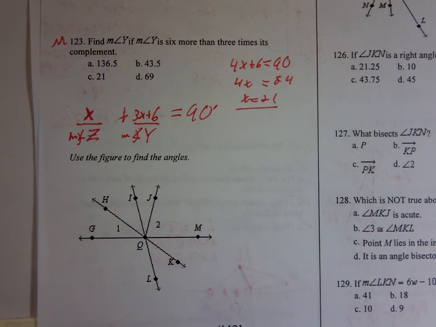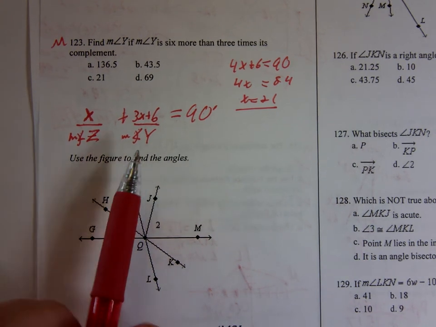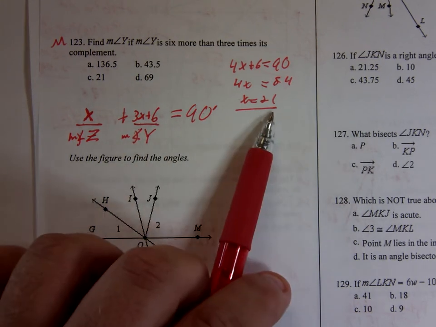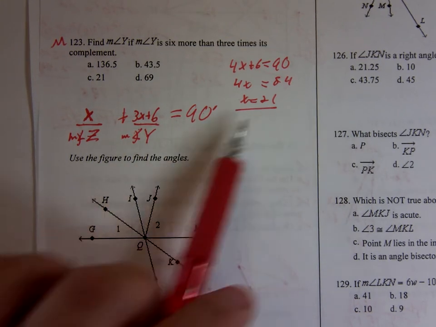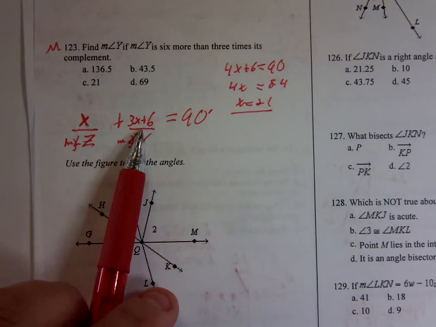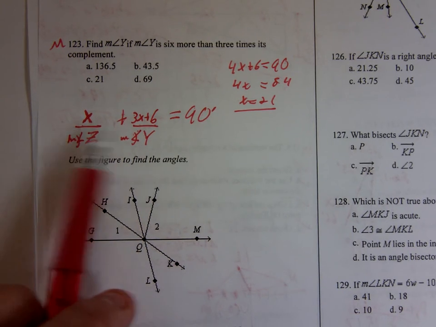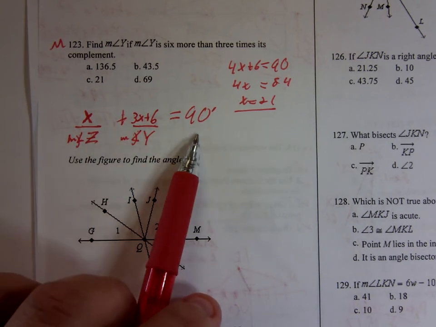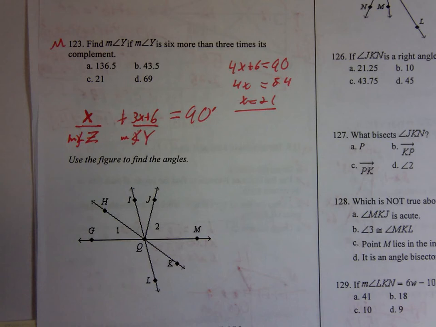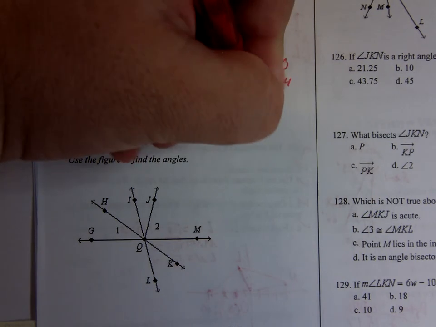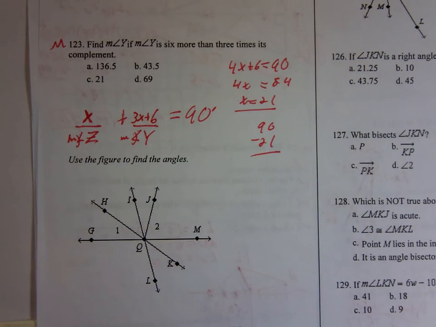So what should we do with this number? You could plug it in. That'll get you the right answer. What else could you do? They're complementary, so therefore they add up to 90. So what can we do? Subtract it. And I mean, of course, you could have plugged it in. That's totally fine. But I think this is faster. So that's going to give me 69 degrees.